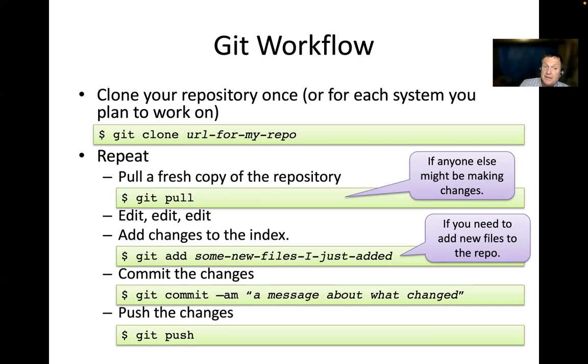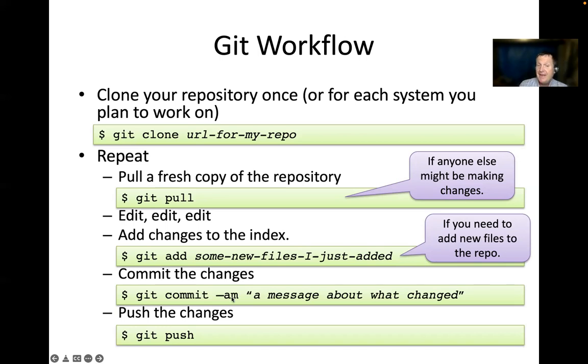And then you'll edit files that you need to change. Maybe you'll try compiling and running some tests. Eventually, once you've made some changes, you can add any new files that need to get added to your repo. That'll stage them for the next commit. And then when you do a git commit, if you've also made changes to files that are already tracked, you can use this -a option.